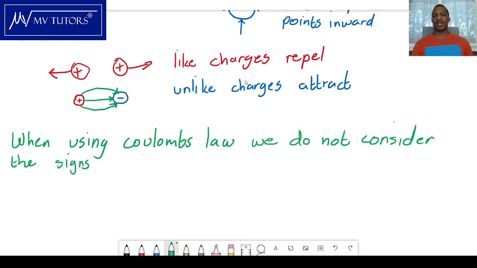We do not consider the signs, whether it's a positive or a negative one. We don't consider it.